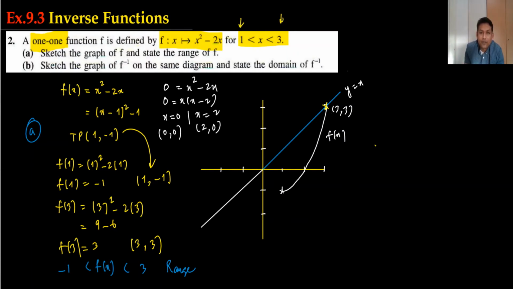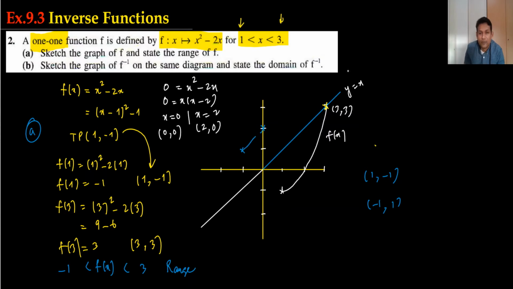I will write this coordinate here, 0 2. And the third coordinate here is 1 minus 1, which will become minus 1 and 1. This is normally reversed. So these are the coordinates, and we can draw this sketch.